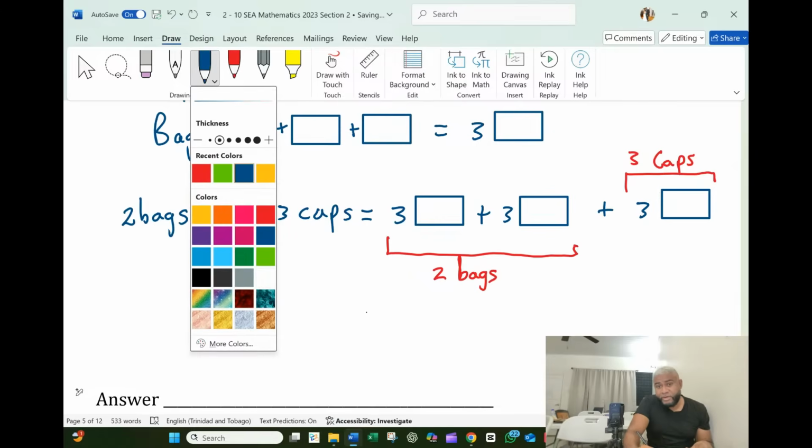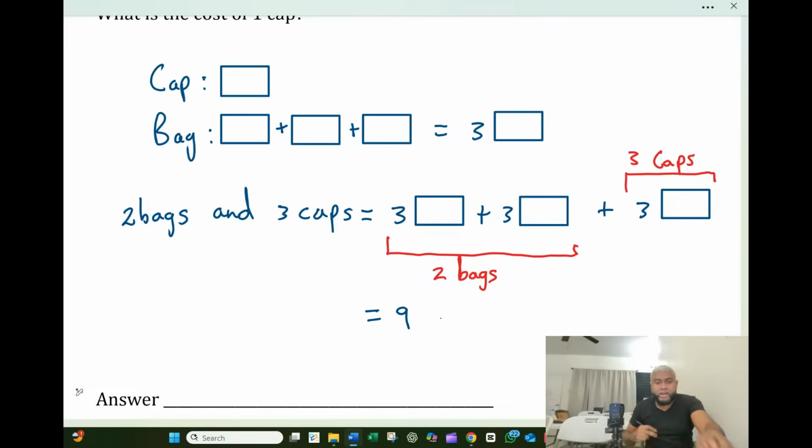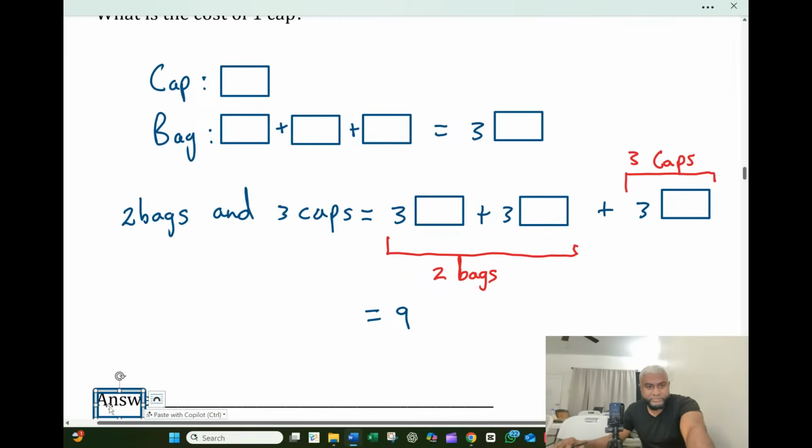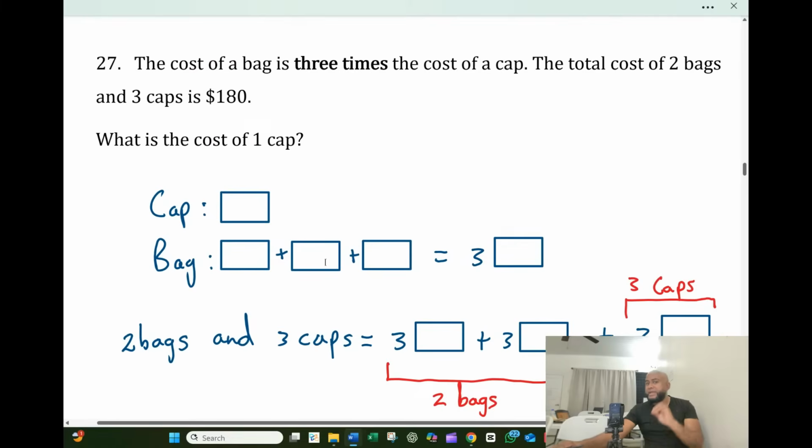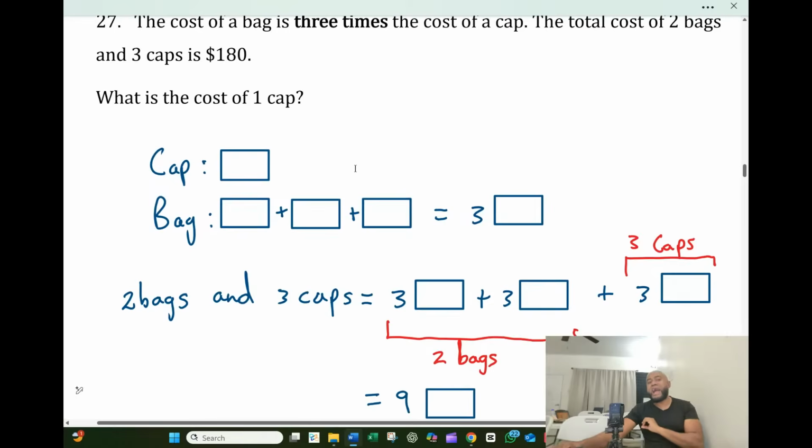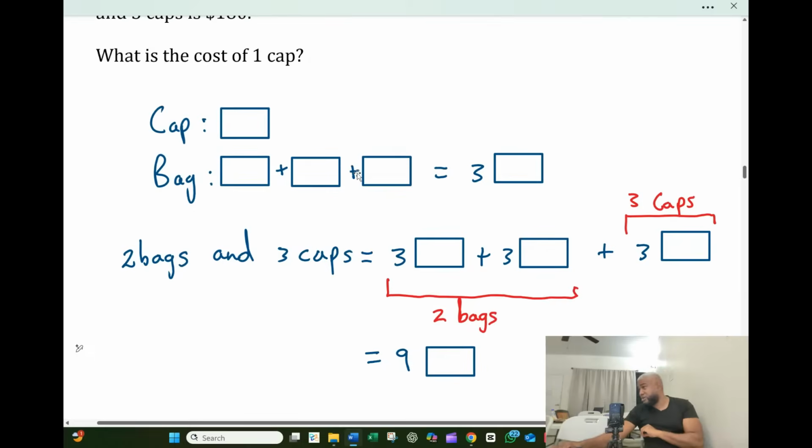Right? So this will be equal to 9 boxes. So 2 bags and 3 caps would actually just be 9 boxes. But they said the total cost of those 2 bags and those 3 caps would be $180.